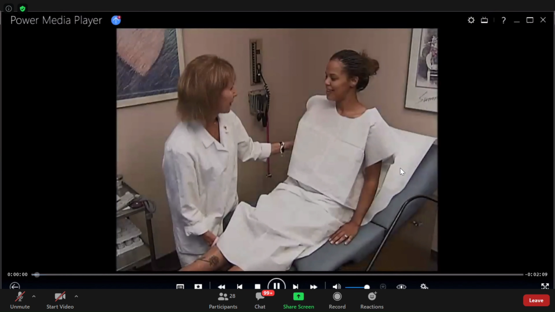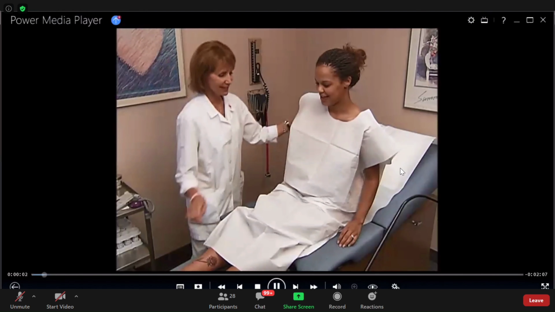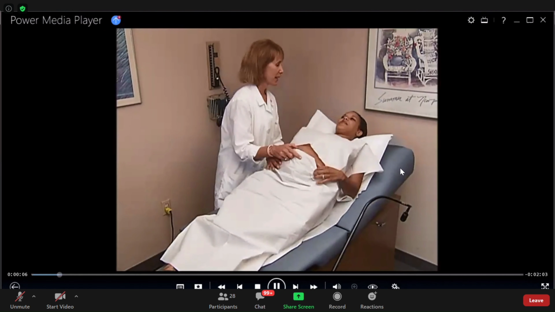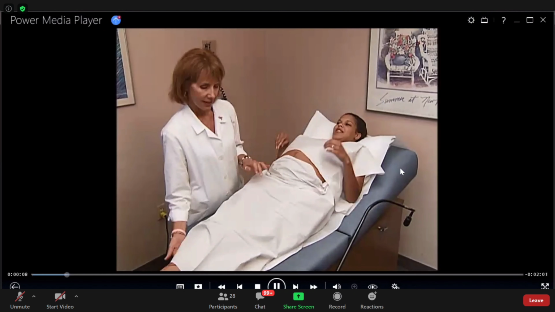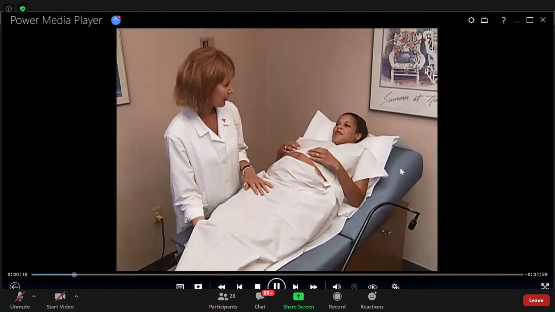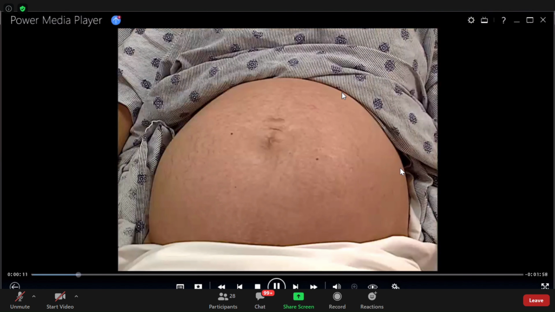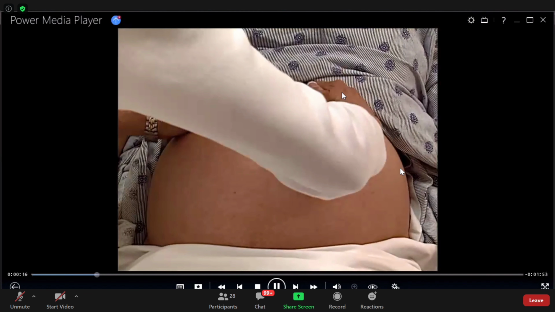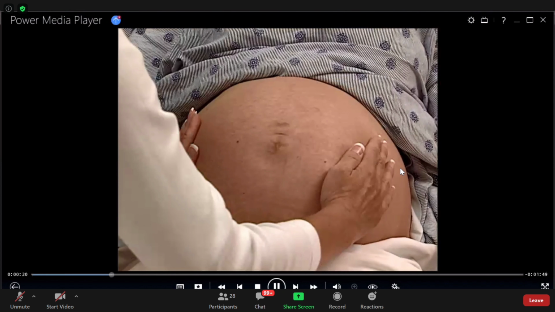To perform Leopold's maneuvers, wash your hands, position the woman properly, and stand at her right side facing her. Or if you're left-handed, stand at her left side. Perform the first Leopold's maneuver to identify the fetal lie, which may be longitudinal or transverse, and fetal presentation, which may be cephalic or vertex, or may be breech.